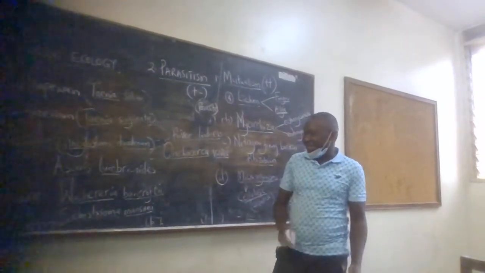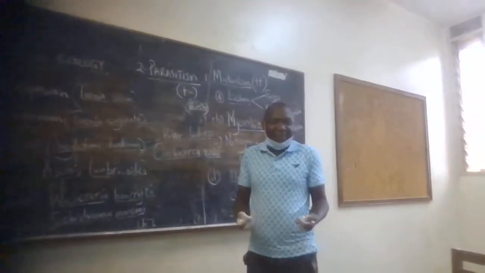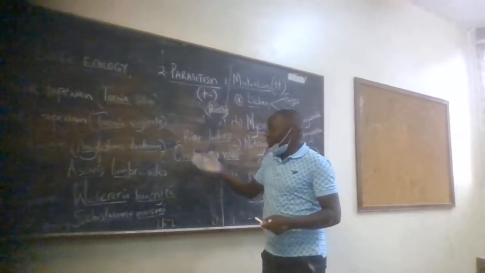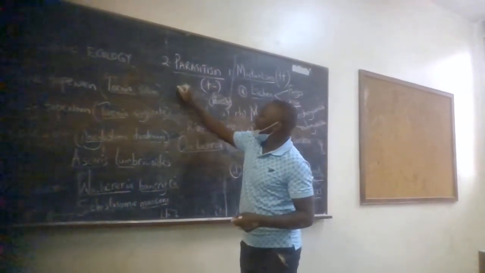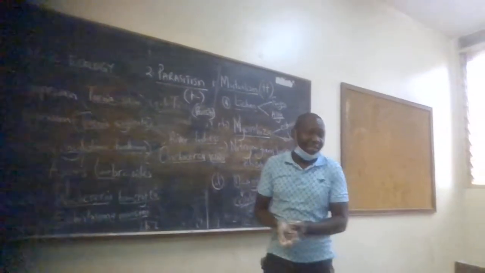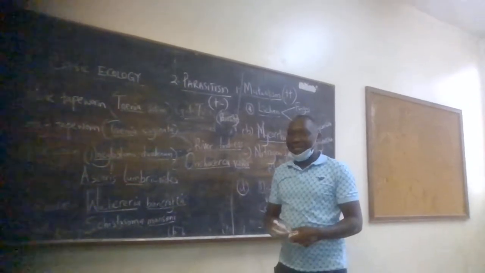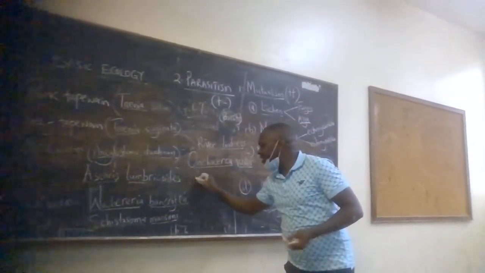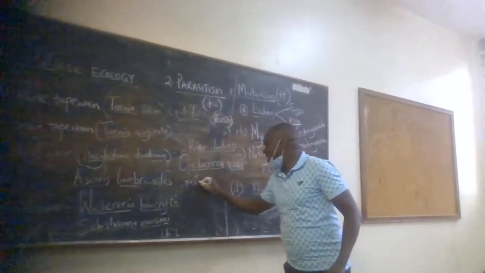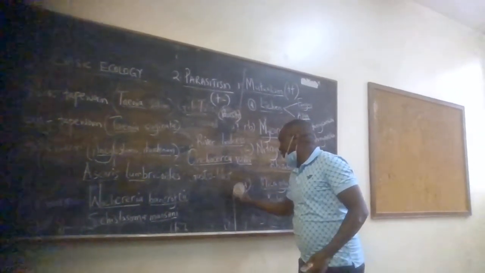It is also a parasite. The effect they have on the host: they benefit by enjoying the nutrients. But for example, in the GIT, what is GIT? The gastrointestinal tract. From today onwards, use the word GIT instead of alimentary canal.